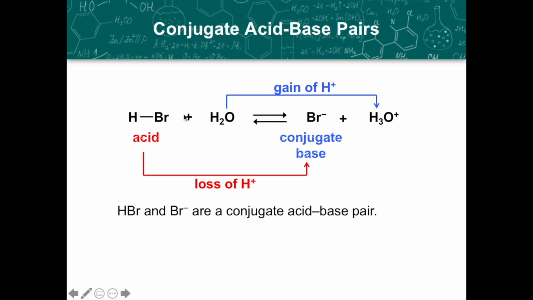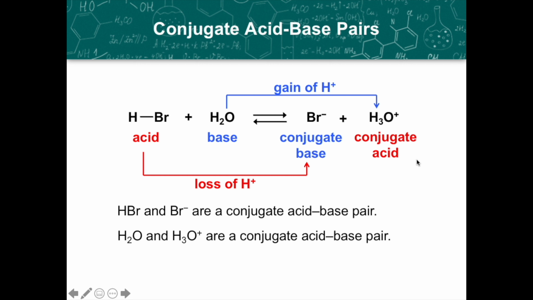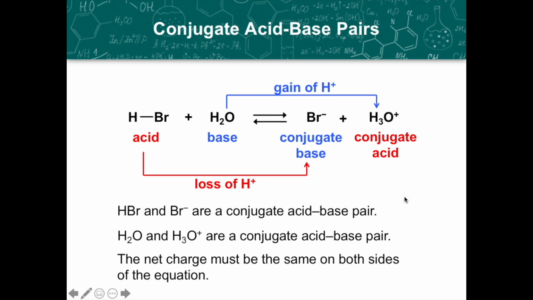Thus, hydrobromic acid and bromide ion are a conjugate acid-base pair, while water and hydronium ion are also a conjugate acid-base pair because these two species differ by the presence of a proton as well. The net charge must be the same on both sides of the equation.